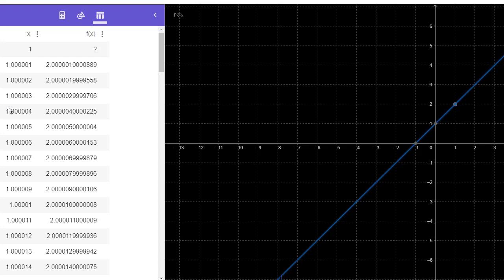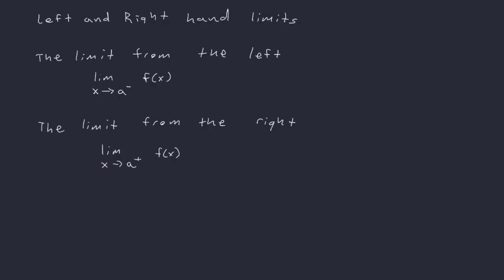That's what we saw from both sides. In general, when given a table, this is how you evaluate the limit: you plug in values closer and closer, and you see what values f of x, the y's, are getting closer and closer to.